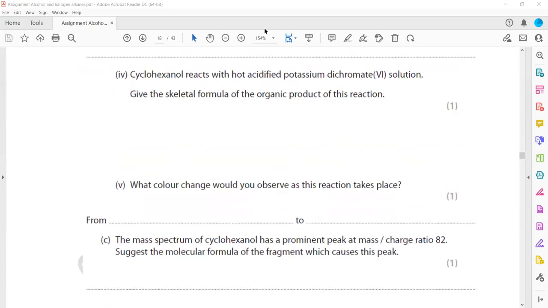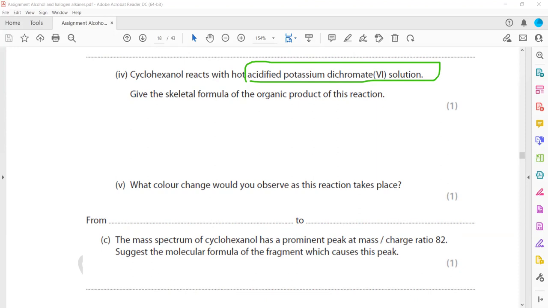Cyclohexanol reacts with hot acidified potassium dichromate, which is an oxidizing agent. Give the skeletal formula of the organic product. First we have to check the type of alcohol. In oxidation of alcohols, a primary alcohol gives first an aldehyde and then a carboxylic acid. If it is secondary, it will give a ketone.